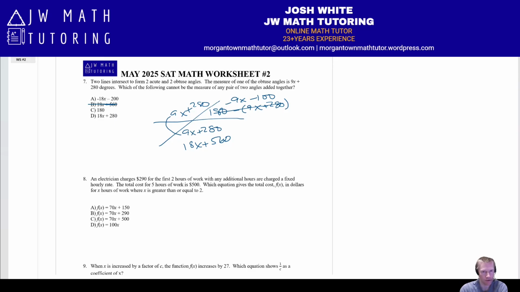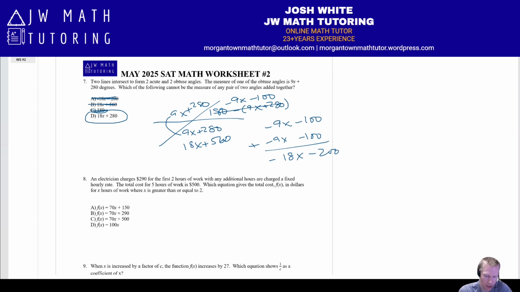Across a straight line, one obtuse and one acute add to 180. That one's out. If you add up two of the acutes, you get negative 18x minus 200. That one's out. The correct answer is going to be letter D here.